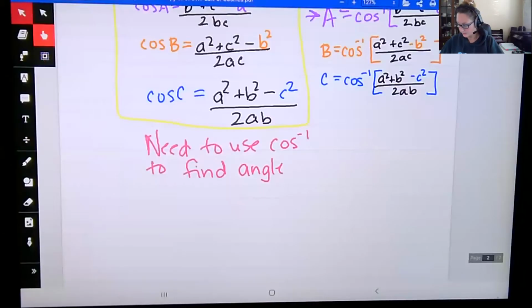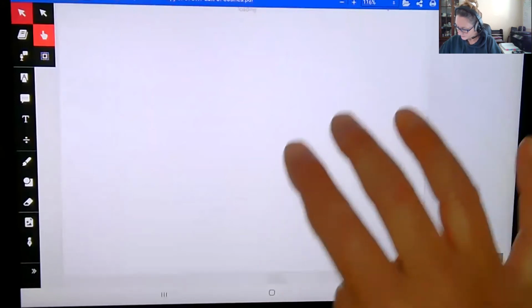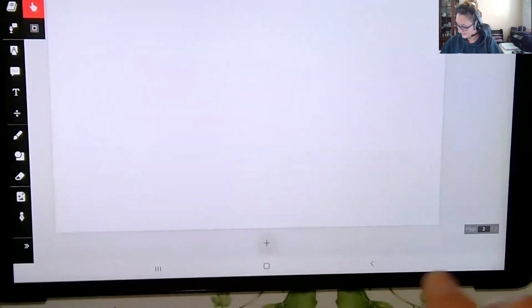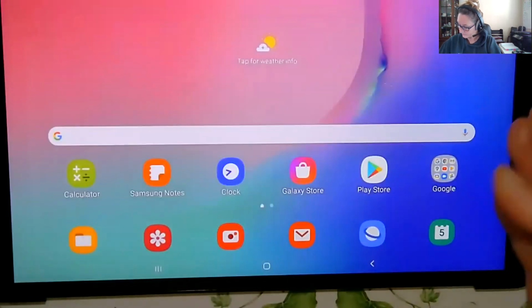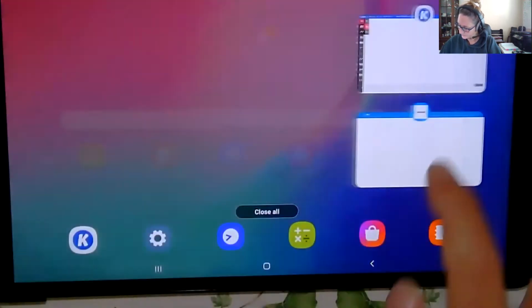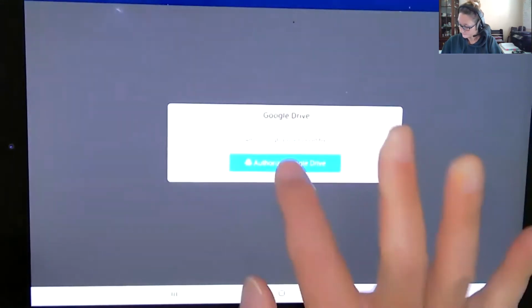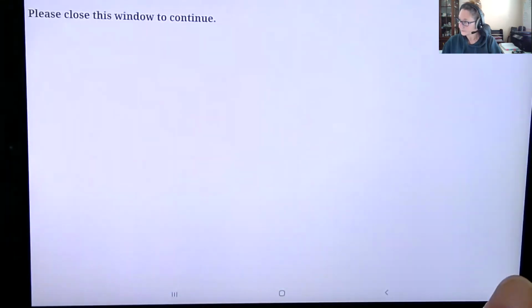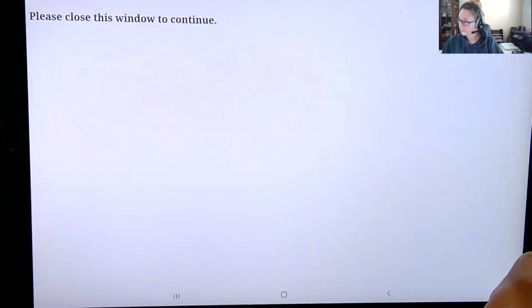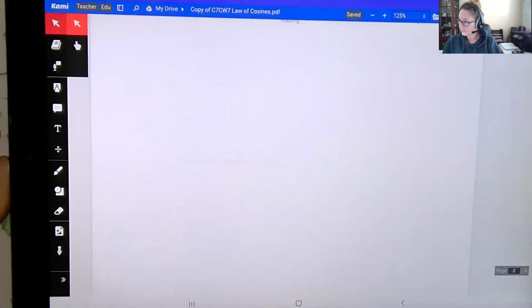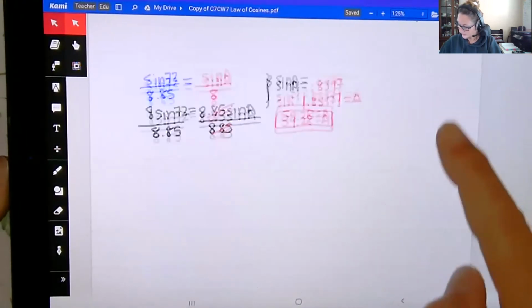So I'm back on my tablet, and right now I'm not seeing it here added in. I'm just going to arrow out of this and back into it. Let's see, usually it keeps me in it, and just have it reopen. Okay, and you see now I do have that here.